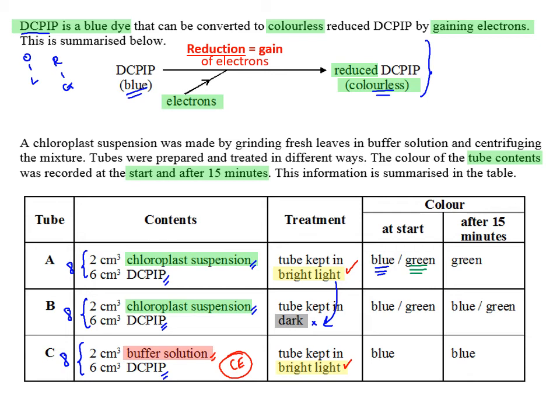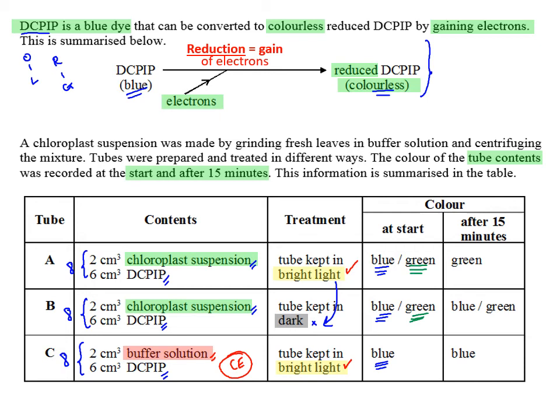And that's the same for tube B contents. So we've got the blue colour of the DCPIP indicator, and the green colour of the green light being reflected from the chloroplasts, from chlorophyll A and B. Now, the starting colour in tube C was blue, because there are no chloroplasts, so there's no green colour. There's no reflection of green light. And the DCPIP, as we know, is a blue colour.